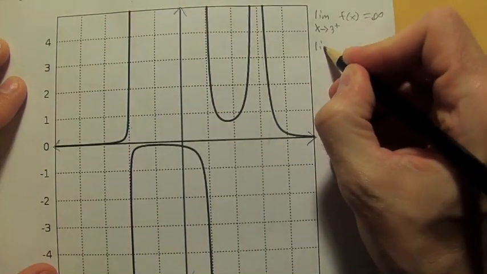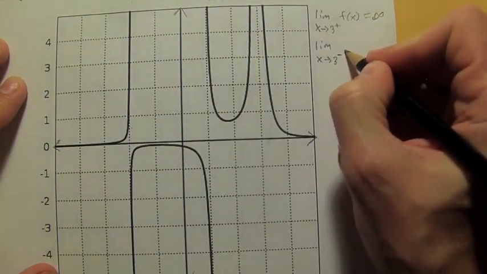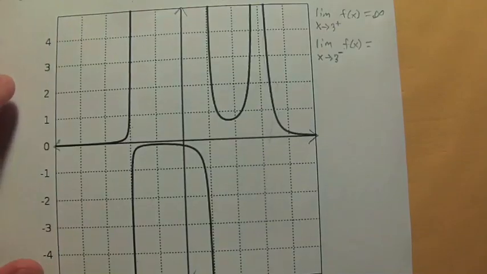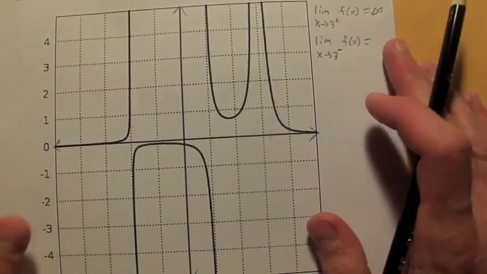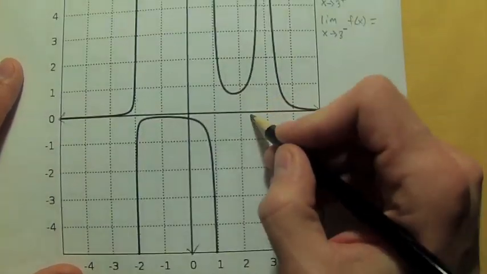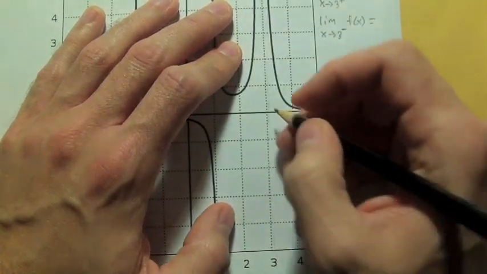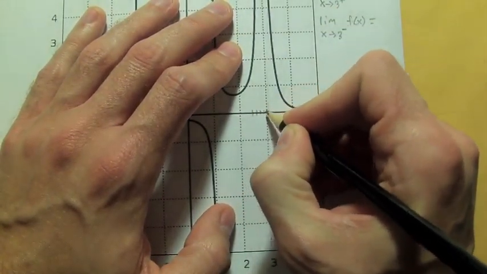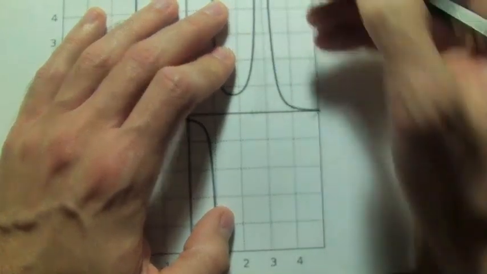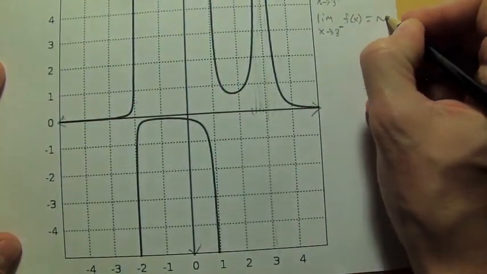And what is it doing from the negative side? Notice I don't just write the limit all by itself. I always write the limit with a function. So from the negative side, remember, 3 is what we're looking at, and we're coming at it from the negative side. When we map these values up, we see that the function is shooting up to positive infinity.